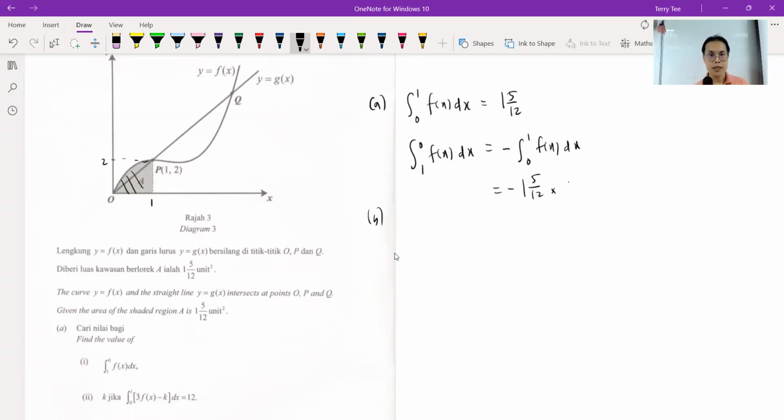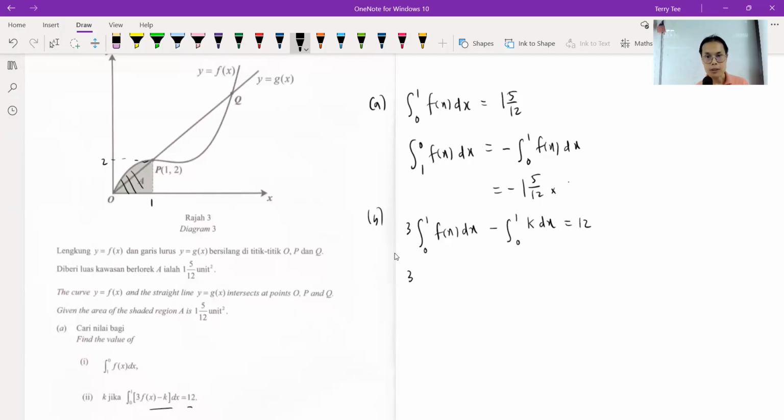Okay. Second part. Cari nilai k if your integration here is now 12. Okay, so I'm going to separate them. I'm going to do one by one. Take out 3: integration 0 to 1 f(x) dx minus integration 0 to 1 k dx. The result is 12.